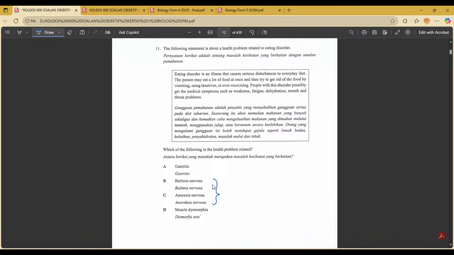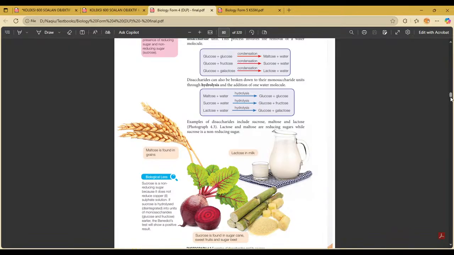One of these, it's not gastritis, it's not muscle dysmorphia, I don't think. Is it bulimia or anorexia nervosa? Hmm. For no particular reason, I'm gonna say bulimia nervosa and I'm gonna go check.